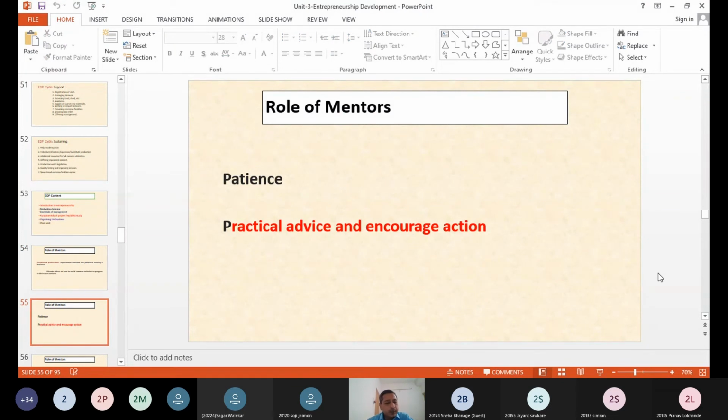These are budding entrepreneurs who are establishing their businesses or new ventures. They face many difficulties. Many times they become impatient, they get frustrated, and therefore the role of mentors is to keep patience and provide advice, practical advice, as well as encourage actions from these entrepreneurs.